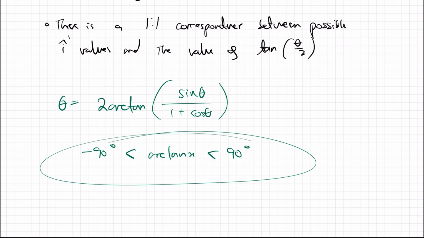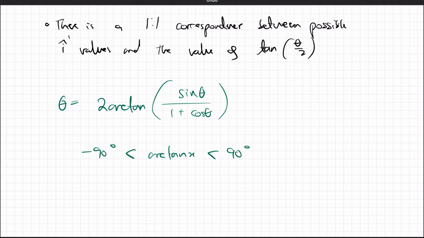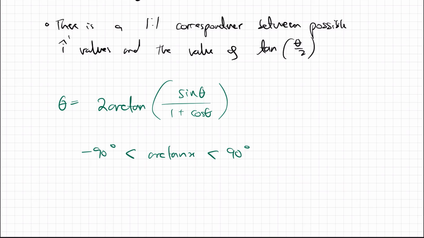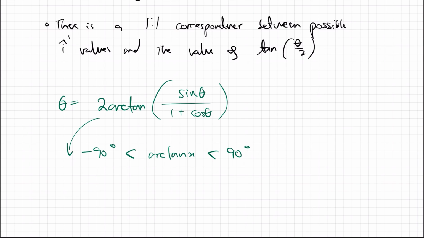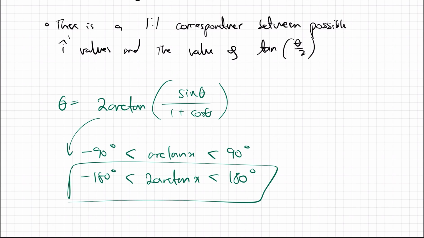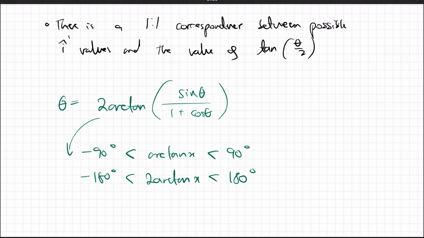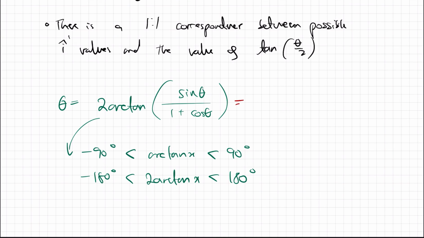And this only has a domain of 180 degrees, whereas we need to have a domain of 360 to account for all possible angles. So that's where this 2 comes in, because now, with the help of this 2, this now ranges all the way from minus 180 to positive 180, thus giving us all the possible values of theta we could get.